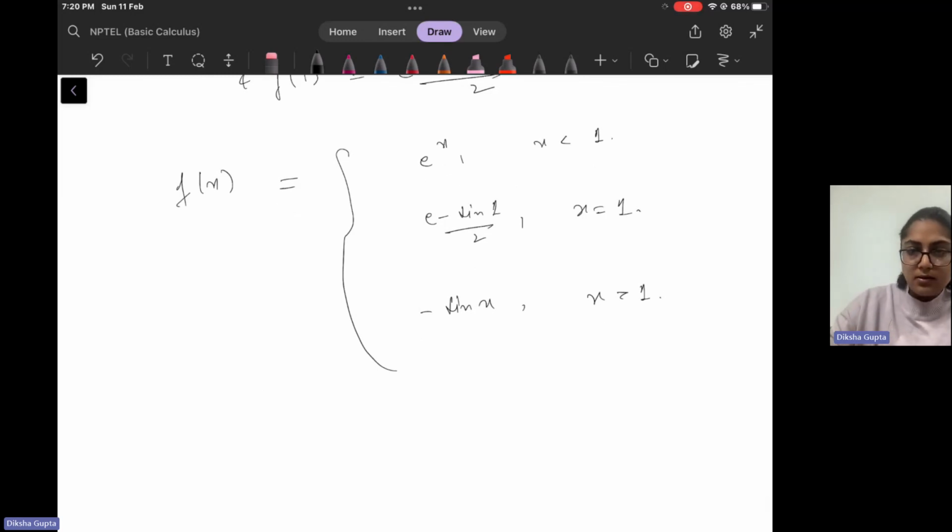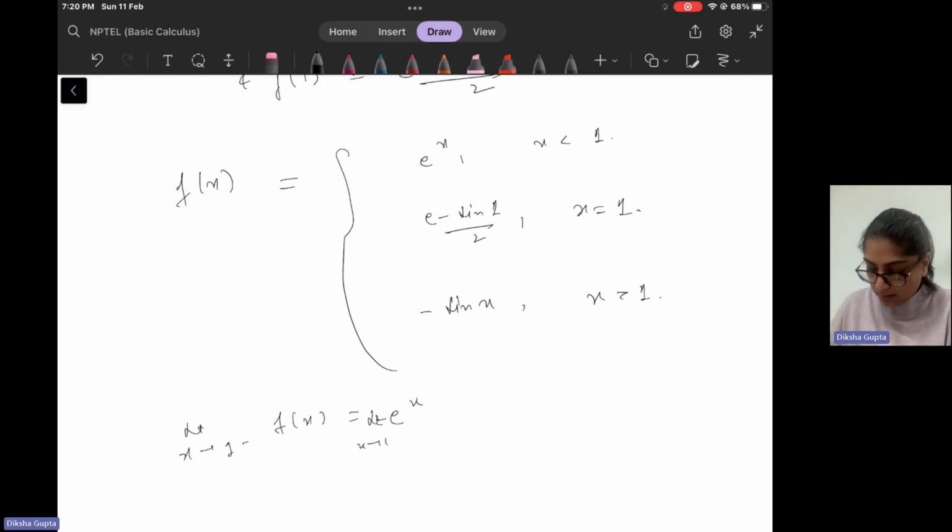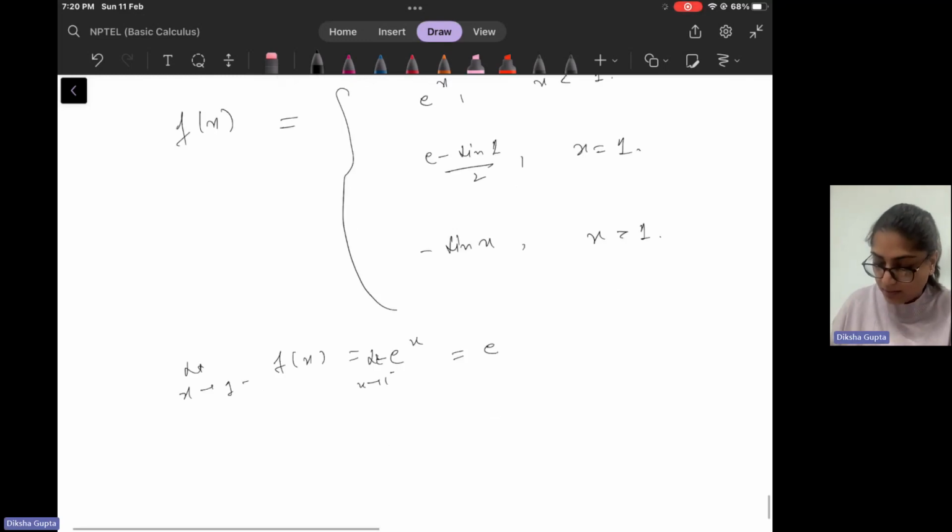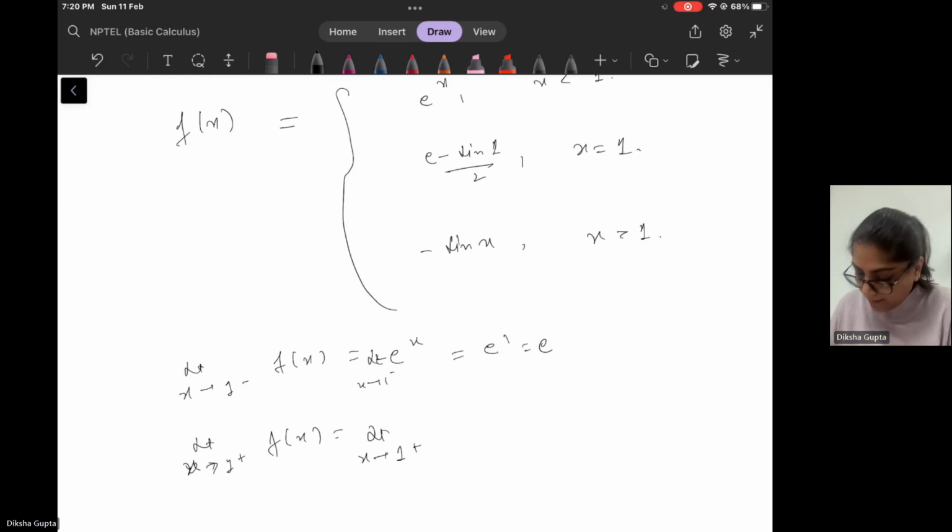Now we have to find the limit. So limit x tending to 1 minus f(x), when x is less than 1, is e raised to power 1, this is e, and limit x tending to 1 plus f(x) is minus sine x. Now 1 minus does not affect here because e raised to power 1 is finite, so the value of the limit will be the functional value only.